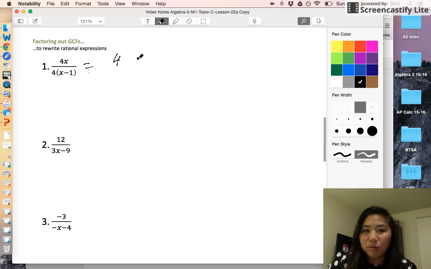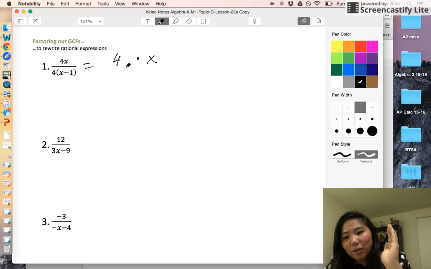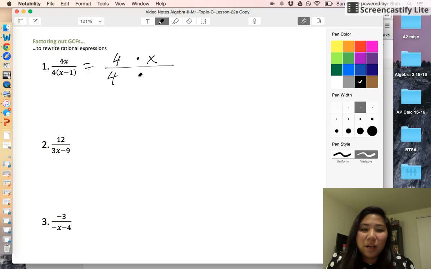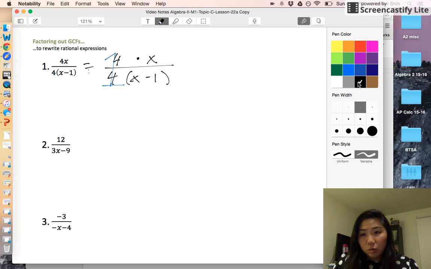That means I'm going to put 4 times x, so I'm essentially separating them by factors, 4 and x. I'm going to do the same thing here. It's already done for you, 4 times x minus 1. Now I can simplify 4 over 4 because it's equal to 1. So I have factored out 4 over 4, which is equal to 1, and I'm left with an equivalent expression of x minus 1.